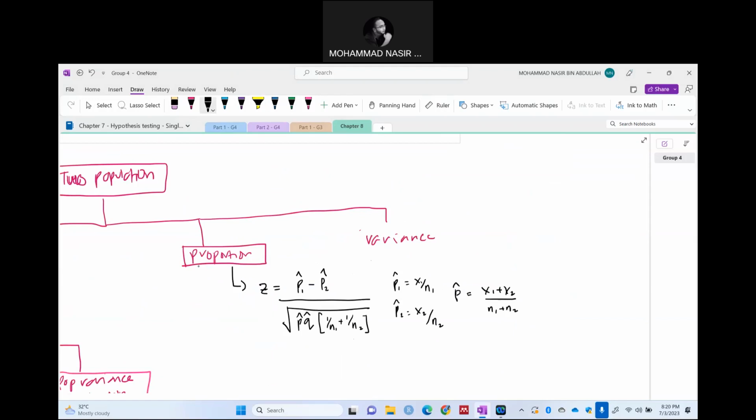So this is the formula for proportion. And of course, Q is equal to the complement of proportion, so Q hat equal to 1 minus P hat. And the last one is variance. We're not going to look at variance. So variance is S1 square over S2 square.